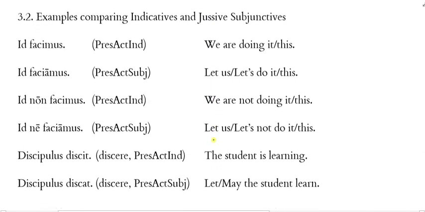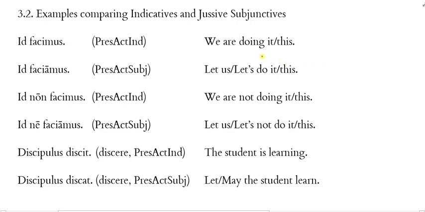So here are some examples comparing indicatives and jussive subjunctives. I give you the indicative first and then the subjunctive. So id facimus. Now these are not necessarily in Wheelock. I do use some of Wheelock's examples, but not here. Just trying to simplify things. So id facimus, this is the present active indicative of facio, and that's we are doing it, or we are doing this.